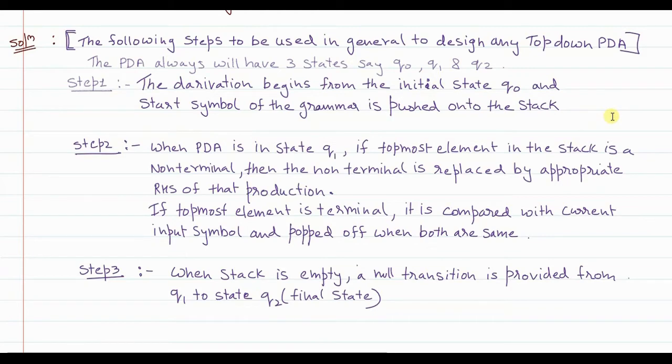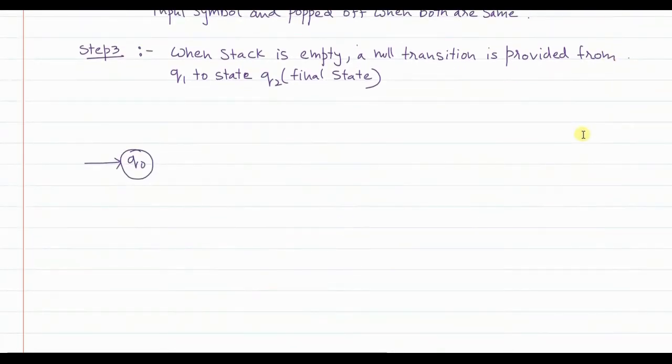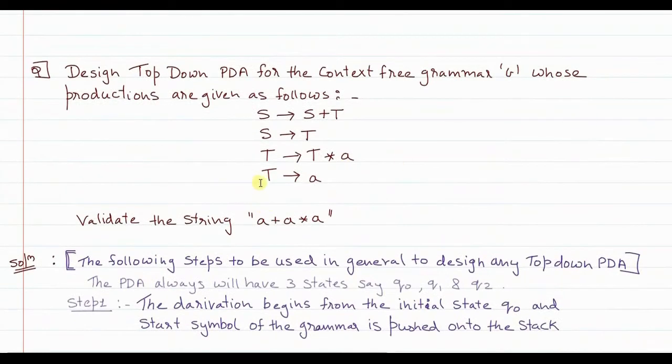So in state Q0, when nothing is read as input yet and the stack is also empty, this is the initial condition. At that time, the start symbol is pushed onto the stack. Why S? Because in the given grammar, with productions S gives S plus T, S gives T, T gives T into A, T gives A, S is the start symbol.